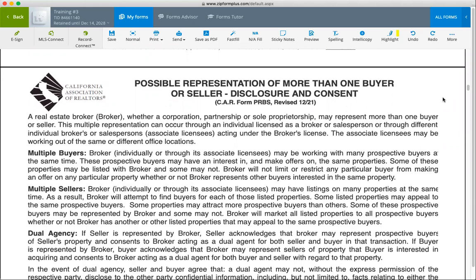An agent there had listed the property and put it on the market. Their office space was at one end of the building. And then there were multiple offers on the property.